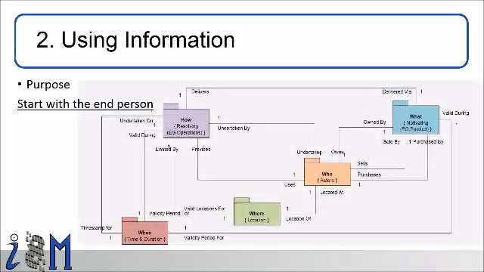So one of the tools that we can use for this is a Zachman framework, which gives us the who and the where and the when and the how and the what. But we always start with the end person because they're the end consumer. This particular model, the Zachman framework, is based on a model from a librarian called Ranganathan, who was alive and active in the 1930s. So it's not exactly new, but it's very effective.